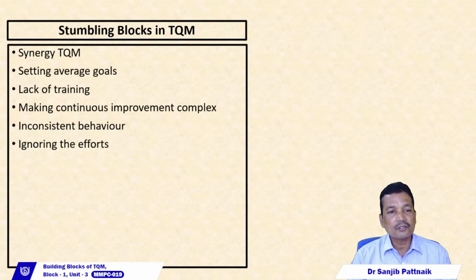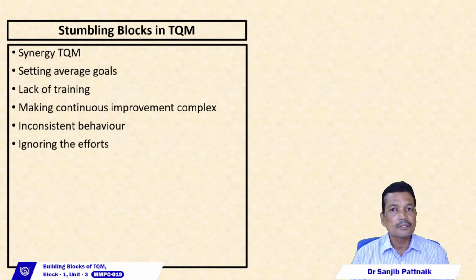Another stumbling block is inconsistent behavior. Human beings or the employees or the workers, we know that their behavior is different from each other.